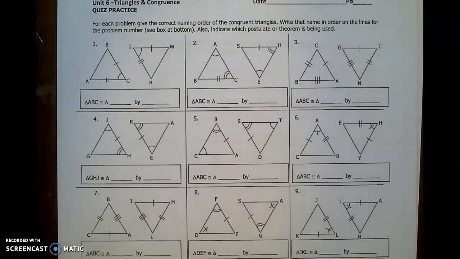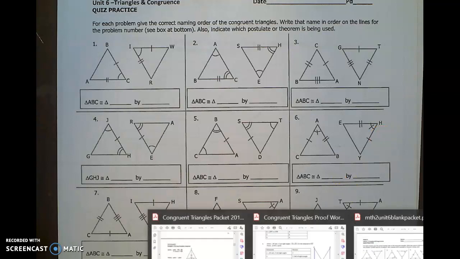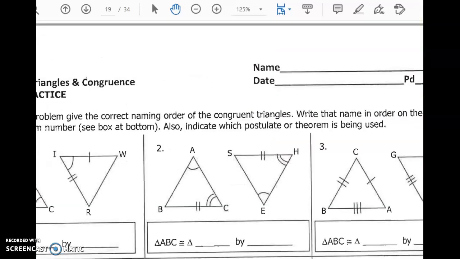Let me go ahead and do that right now, actually. Okay, so this is on page 19 and 20 from that packet link that I gave you in this assignment.